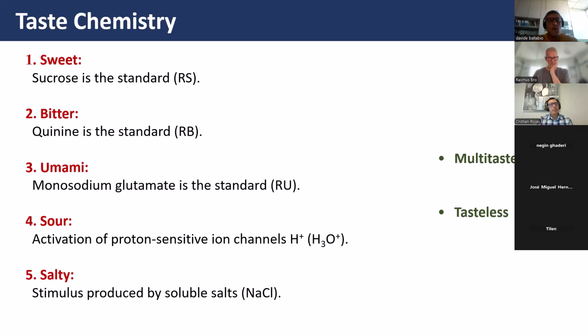Among the basic tastes, sweet, bitter, and umami are receptor-mediated tastes. It means that they are associated with specific receptors located on the tongue. On the other hand, sour is the result of activation of proton-sensitive ion channels, while saltiness is a stimulus produced by soluble salts.